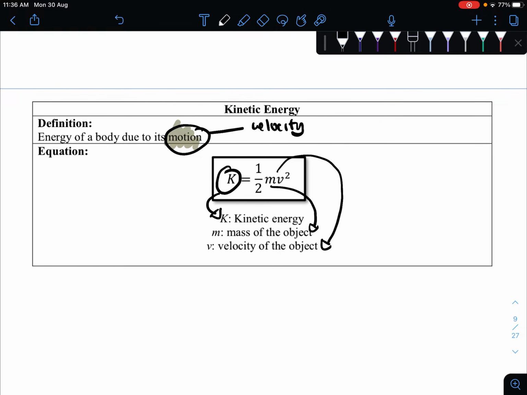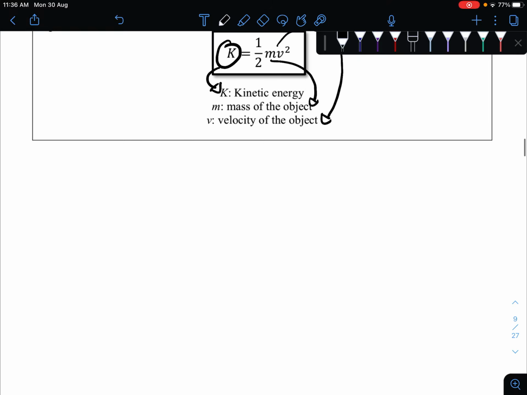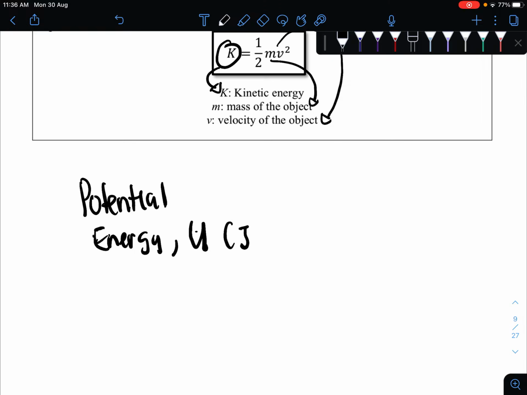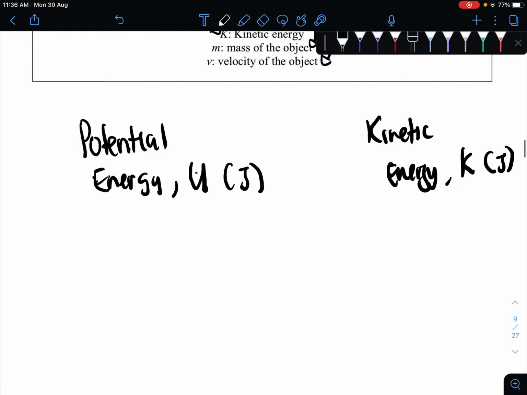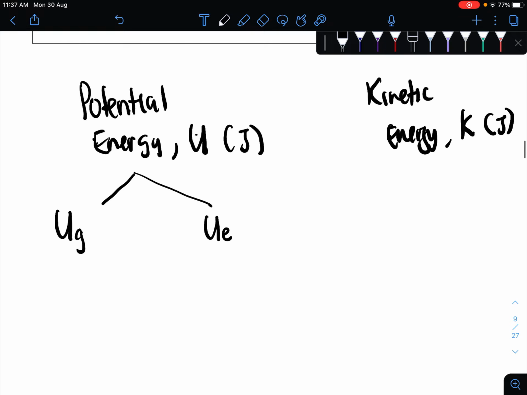Alright, to recall back, we have talked about potential energy. Simbol potential energy adalah U, unit dia adalah joule. And then we have kinetic energy. Kinetic energy, simbol dia adalah K, unit dia adalah joule sebab masih energy. So potential energy here, kita ada dua jenis, gravitational potential energy ataupun elastic potential energy.